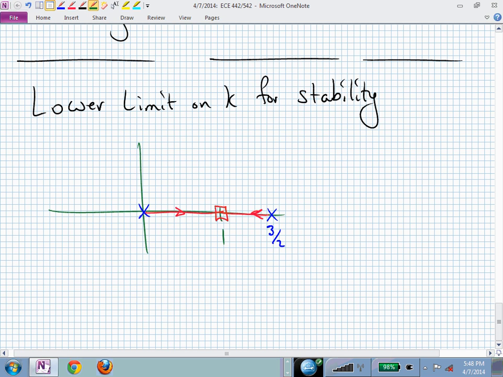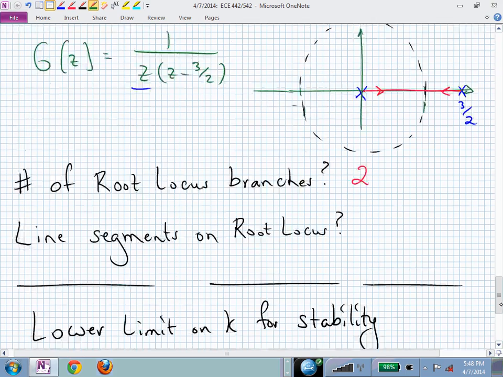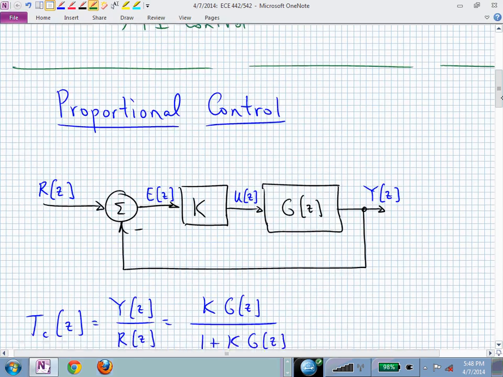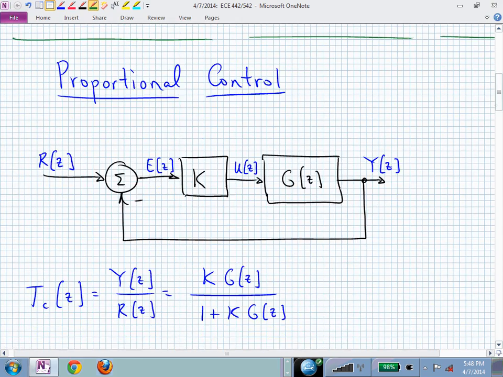What's governing the behavior of our closed loop poles? Where do I want to go? This is our system that we're playing with. What governs the stability?